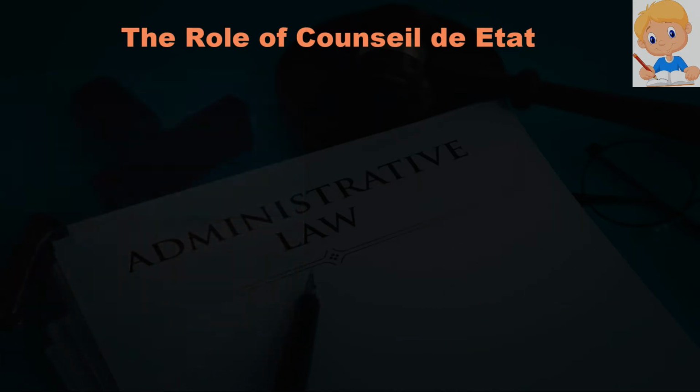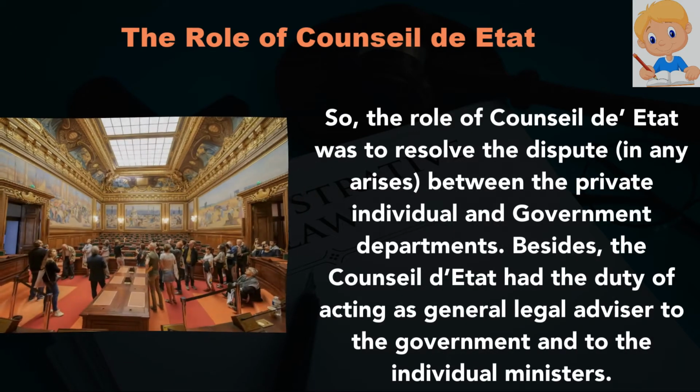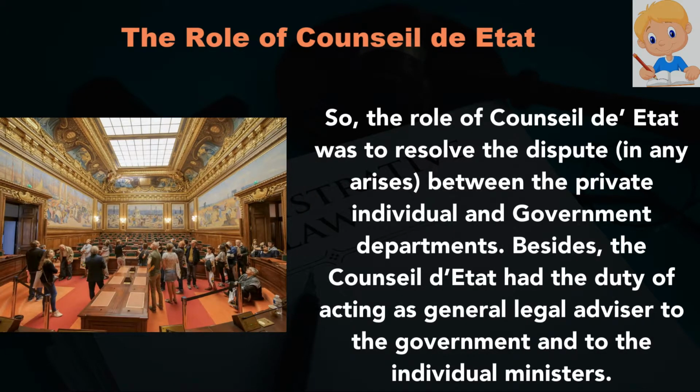The role of Conseil d'Etat was to resolve disputes, if any arise, between the private individual and government departments. Besides, the Conseil d'Etat had the duty of acting as general legal advisor to the government and to the individual ministers. So prima facie it had two roles: to resolve disputes and to advise, right?